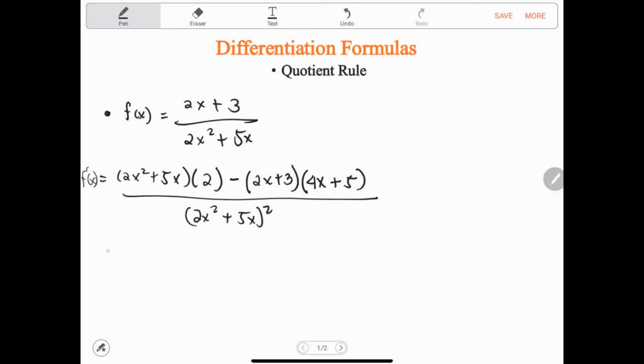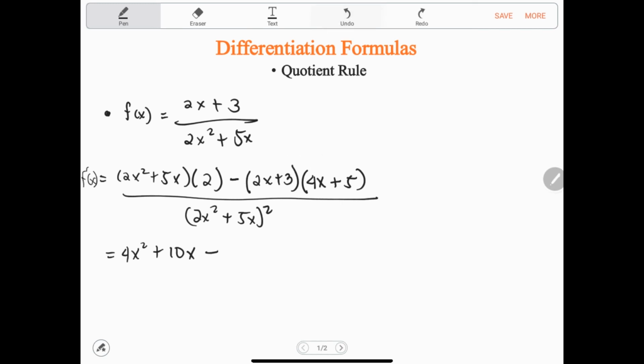Then we'll FOIL it. 2x squared times 2 is equal to 4x squared. 5x times 2 is equal to 10x. Note that it is preceded by a negative sign, so we'll distribute it.